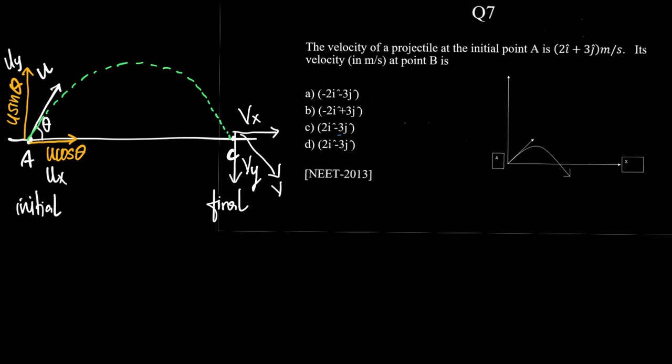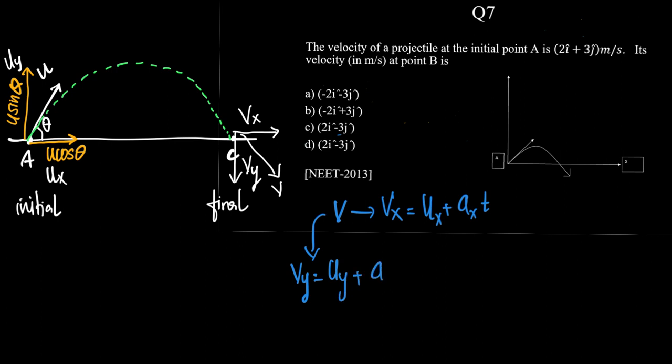Now we know that the final velocity v has two components, which are vx and vy as well. Now what is vx equal to? See, vx is equal to ux plus ax into t. Similarly, what is vy equal to? vy is equal to uy plus ay into t.